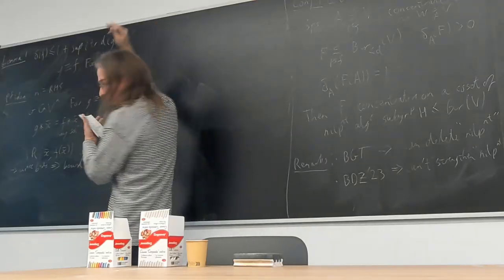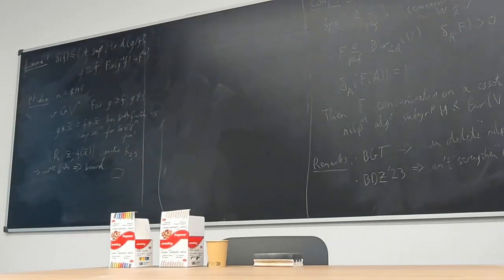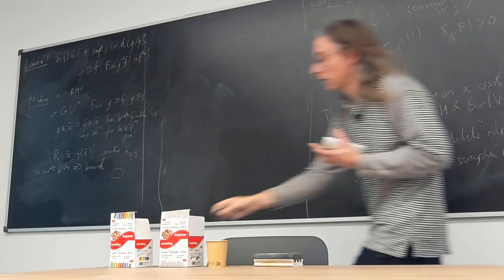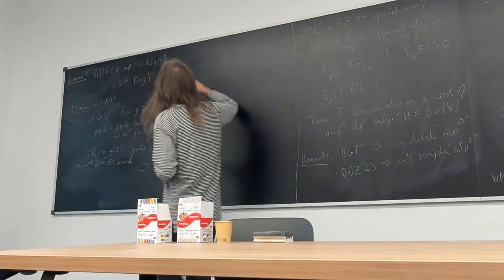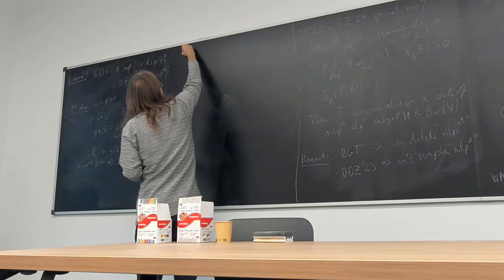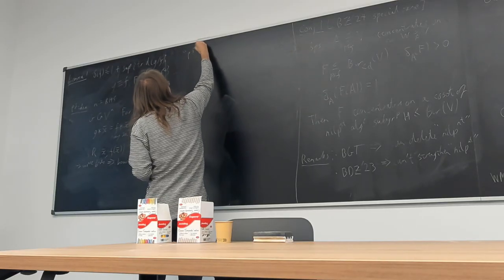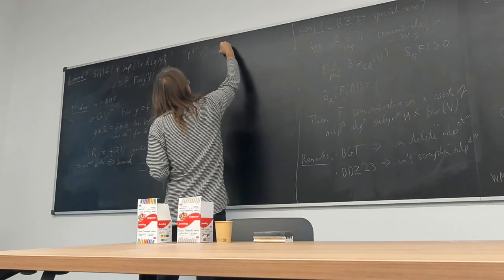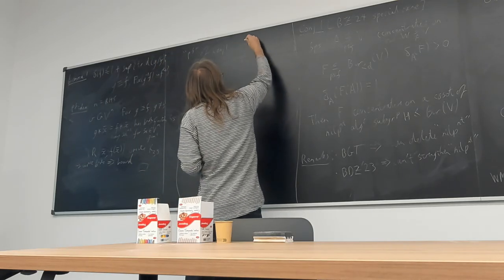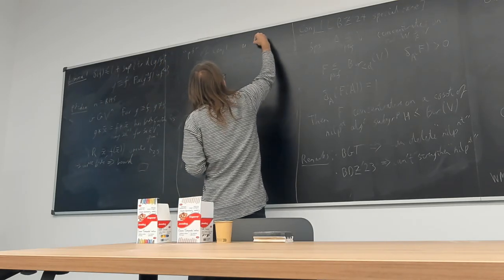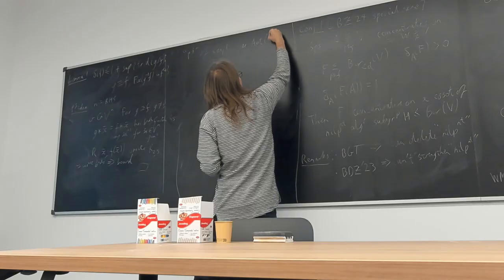So let me show you finally how to use this: a sketch proof of Conjecture 1 in this case, for polynomial automorphisms.